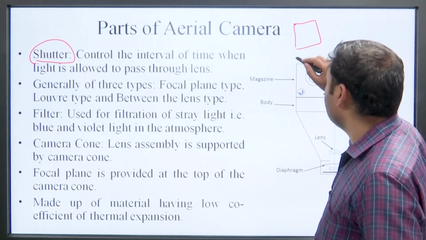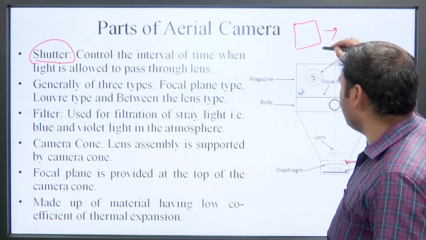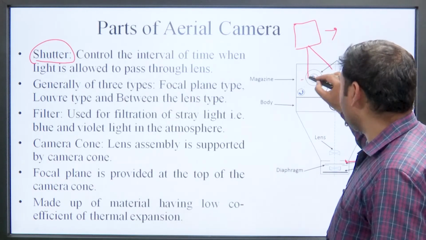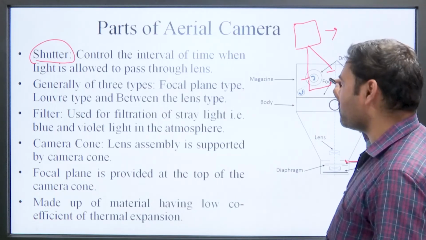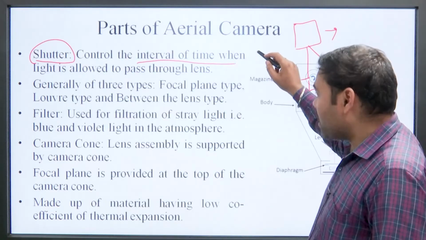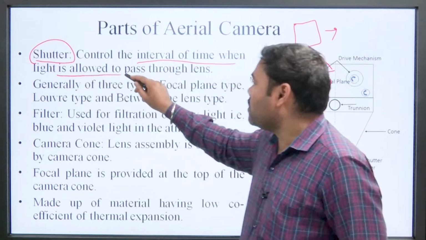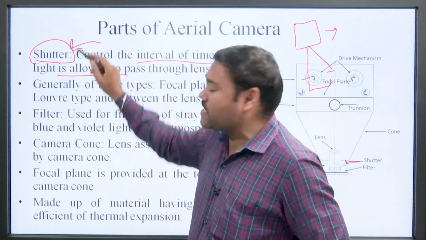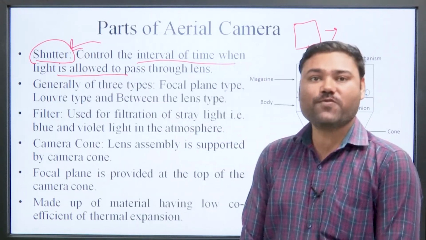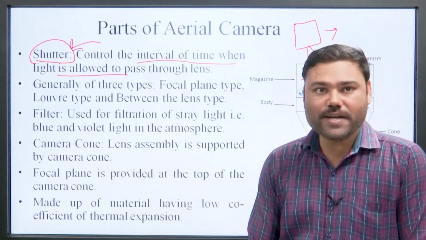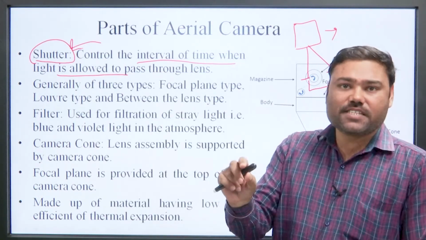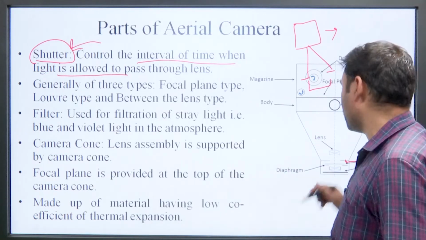It means that in aerial photography, when two photographs are taken at two different intervals, that interval of time when light is allowed is controlled only through this shutter part. Generally, shutters are of three types: focal plane type, louvre type, and between the lens type.